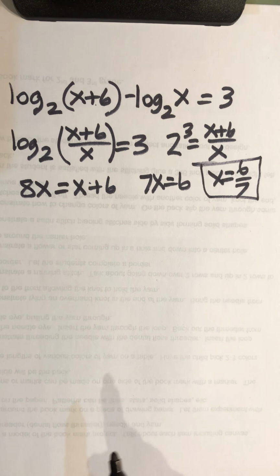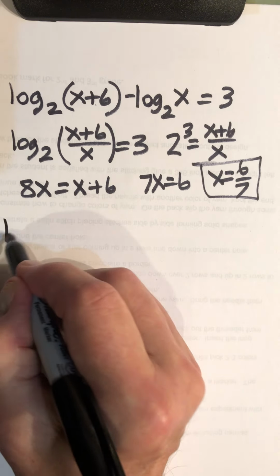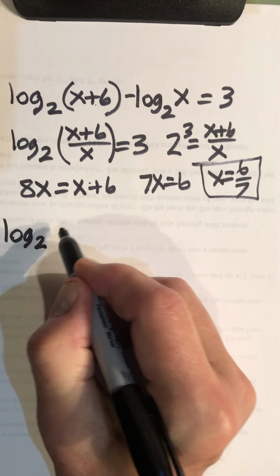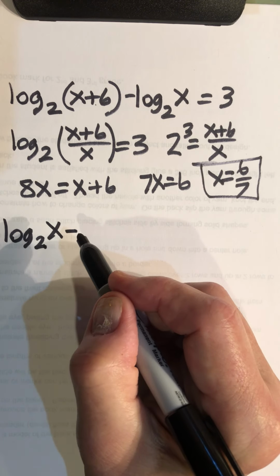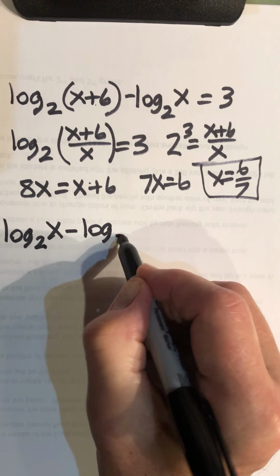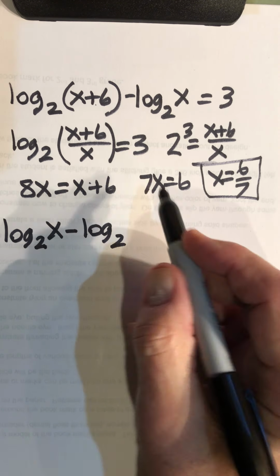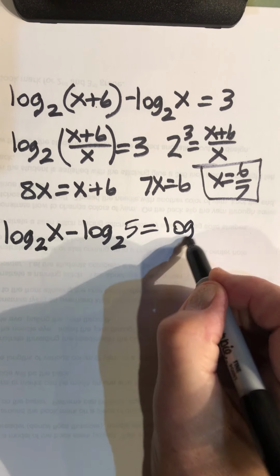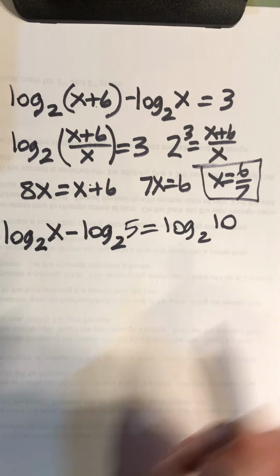Okay, how about one last one? Log base 2 of x minus log base 2 of 5 equals log base 2 of 10.